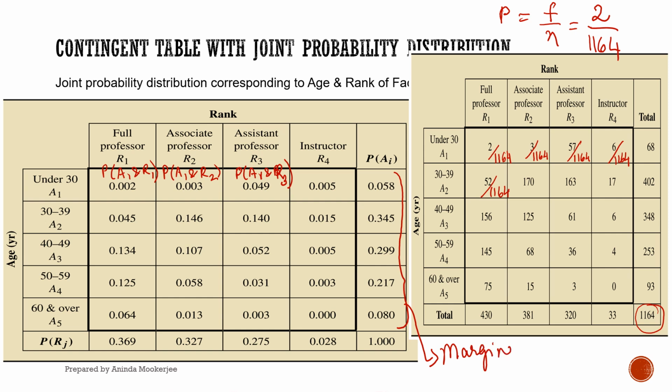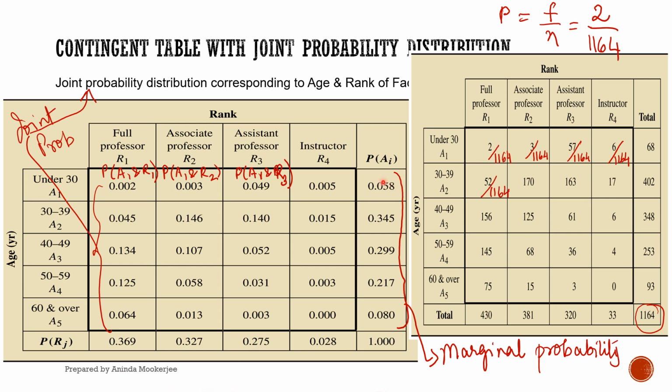Just like we had marginal frequencies, we will have marginal probabilities, and all the values inside the box represent joint probabilities, joint probabilities.